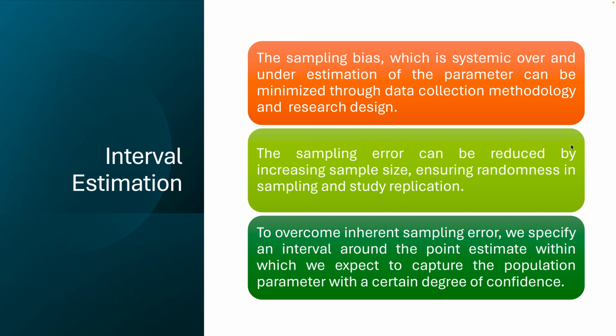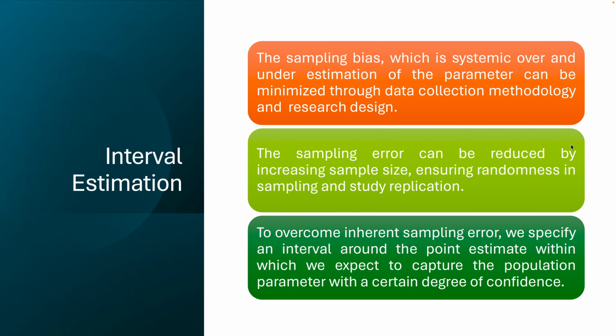Now we know that the error in the estimate cannot be brought down to 0 because of the inherent processes of sampling. To overcome the inherent sampling error, instead of trying to guarantee a good point estimate, we specify an interval around the point estimate, within which we expect to capture the population parameter with a certain degree of confidence.